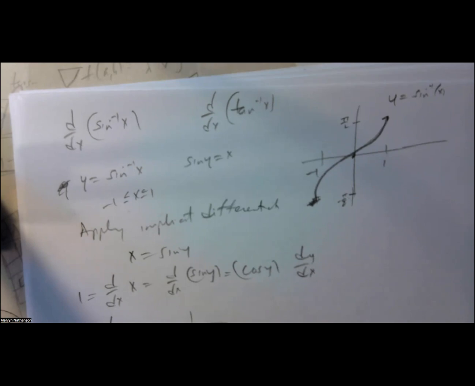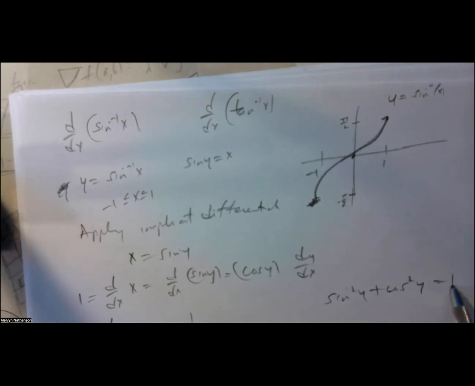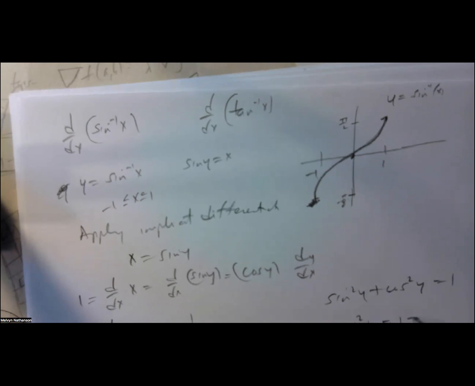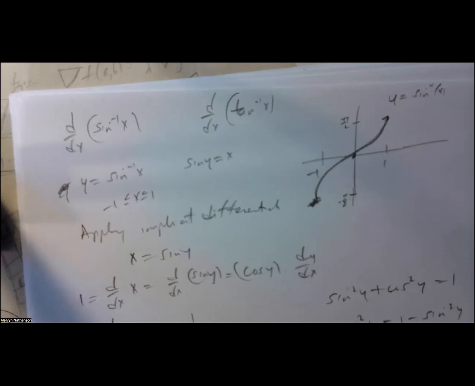I'd like an answer in terms of x, y is a function of x, but we know that sine squared y plus cosine squared y equals 1. So cosine squared y is 1 minus sine squared y. So cosine y is plus or minus the square root of 1 minus sine squared y.